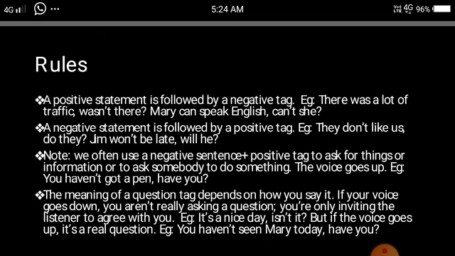You say that the sentence is negative when you use not in a sentence, no in a sentence. So here, they do not, do plus not, don't. They don't like us is a negative statement. It takes a positive question tag, do they?